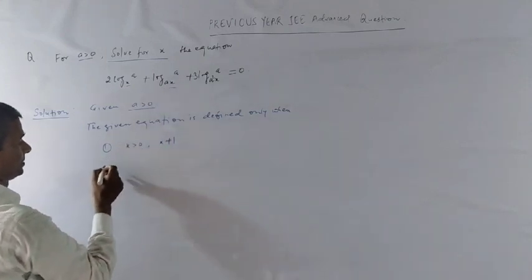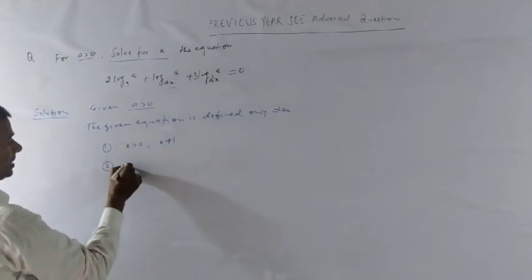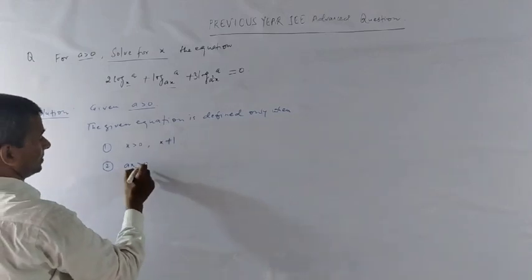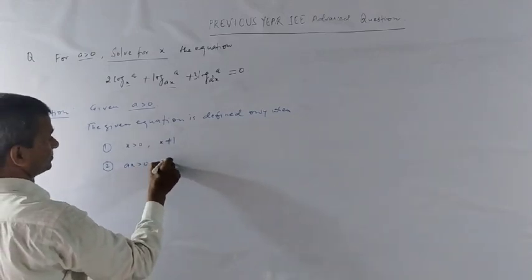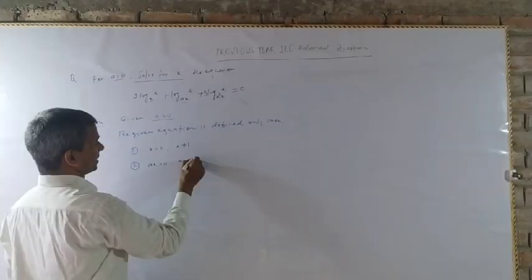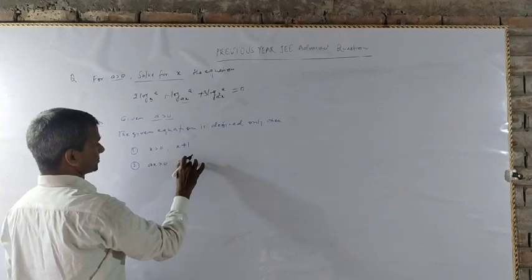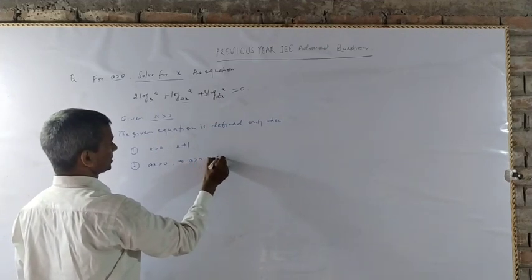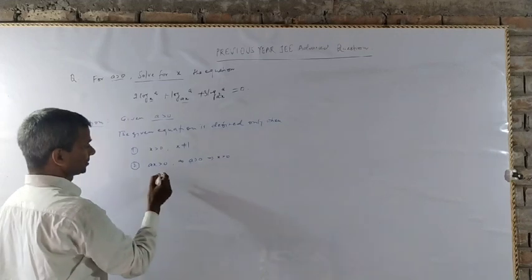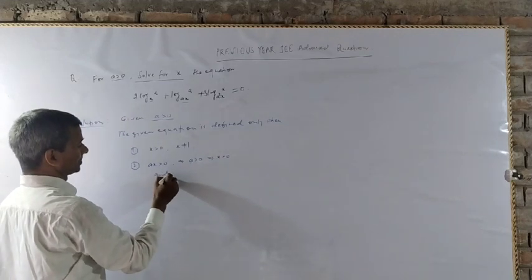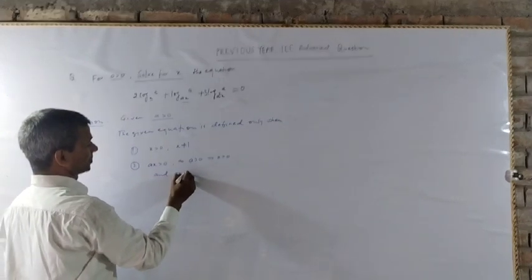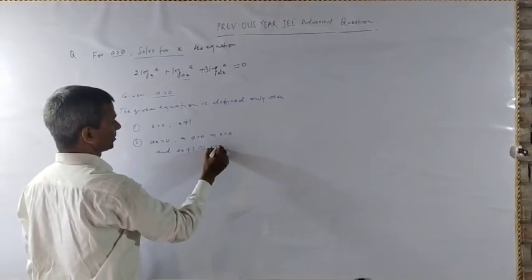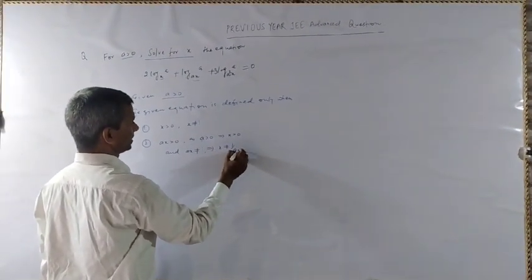Second, this one ax greater than 0, as a greater than 0, which implies x must be greater than 0 and ax is not equal to 1, which implies x is not equal to 1 by a.